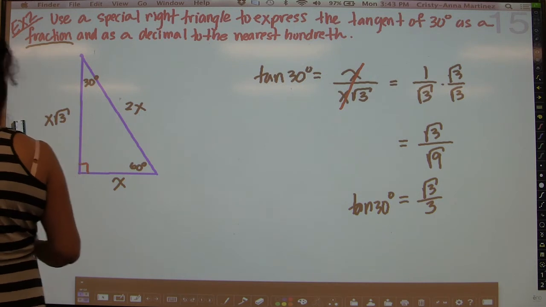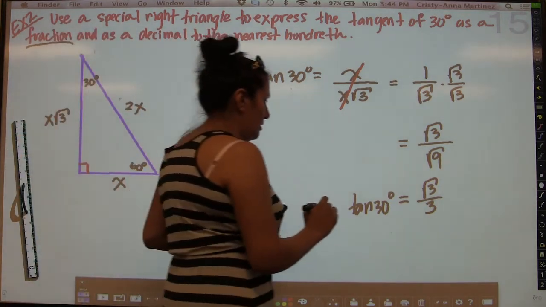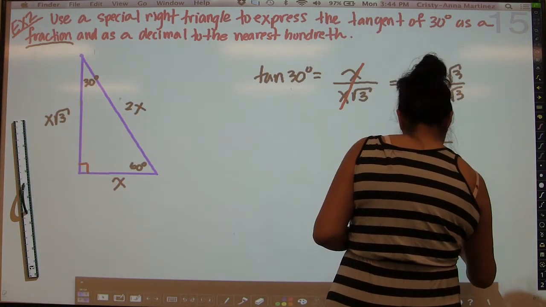So we've done that. And as a decimal, we can use the calculator and put root 3 divided by 3, and we get approximately 0.58.